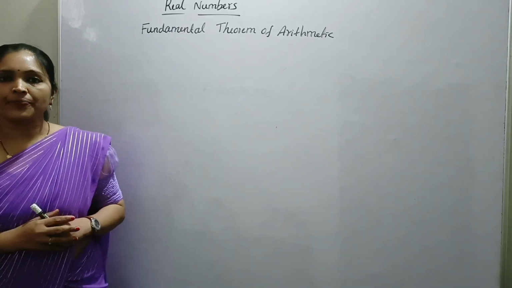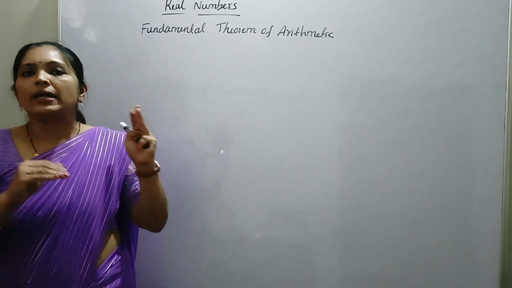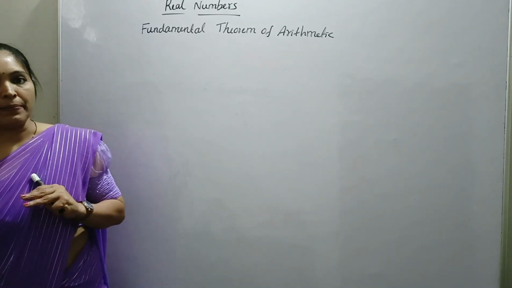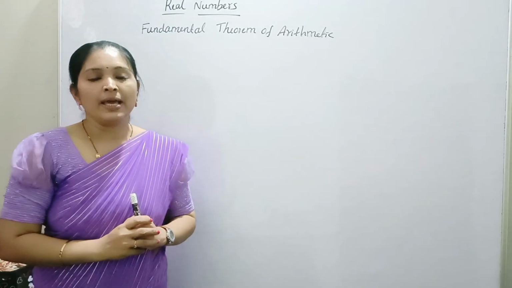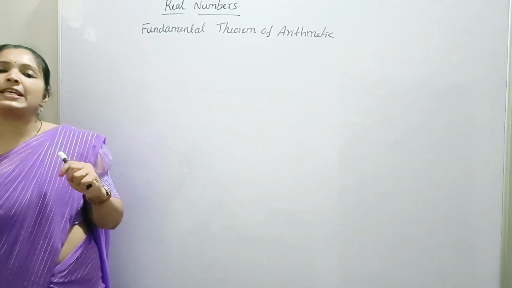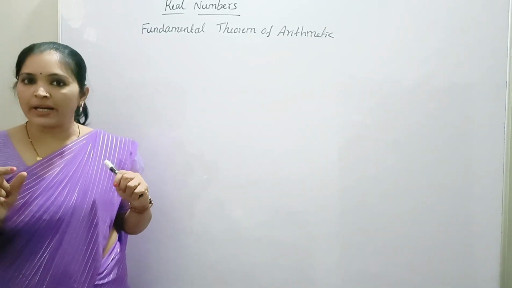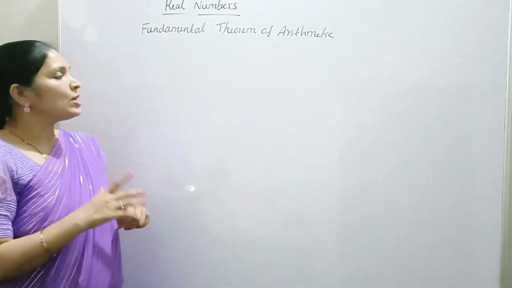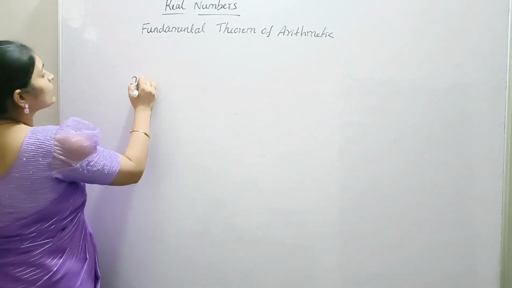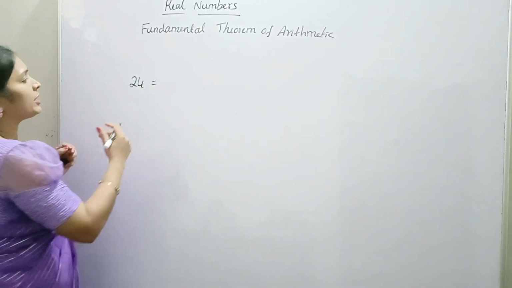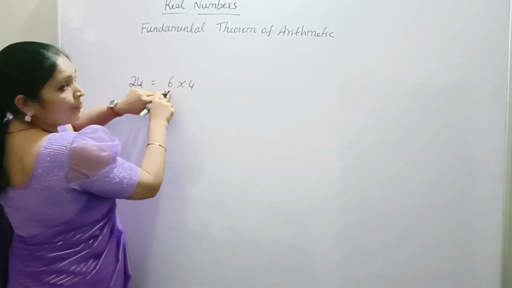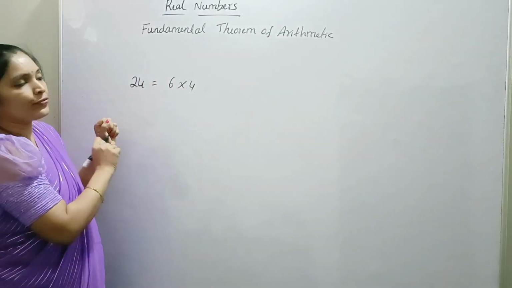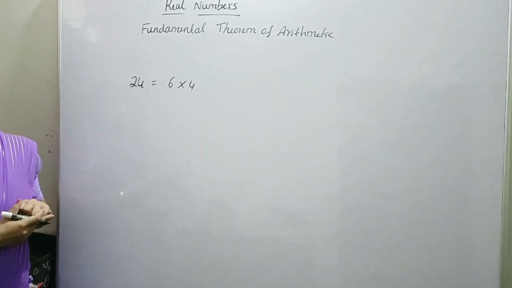If a number divides any other number exactly, that is without leaving a remainder, then the number which divides is called a factor of the number which has been divided. For example, 24 can be written as 6 into 4. So here we say 6 is a factor of 24, 4 is a factor of 24.